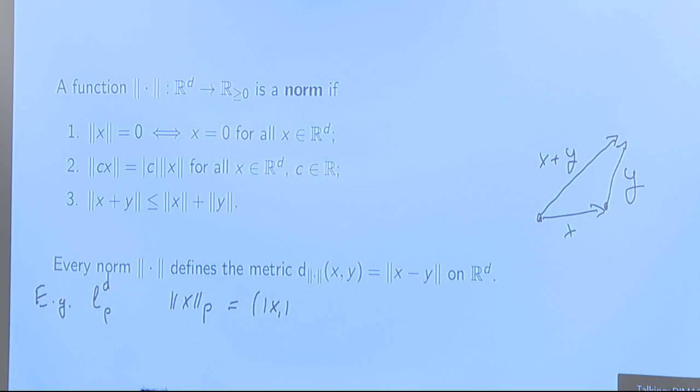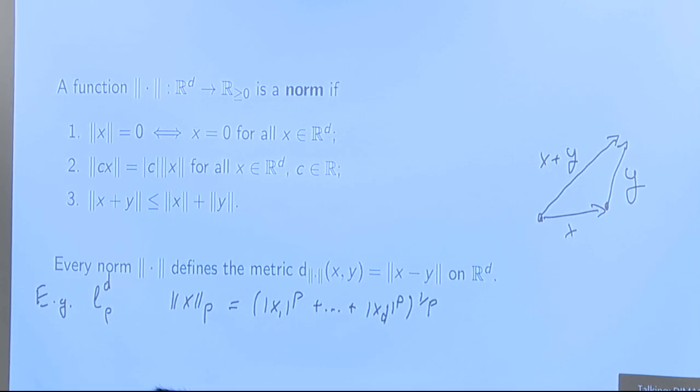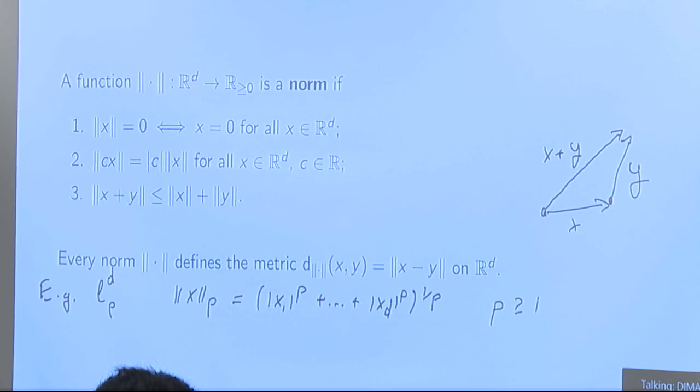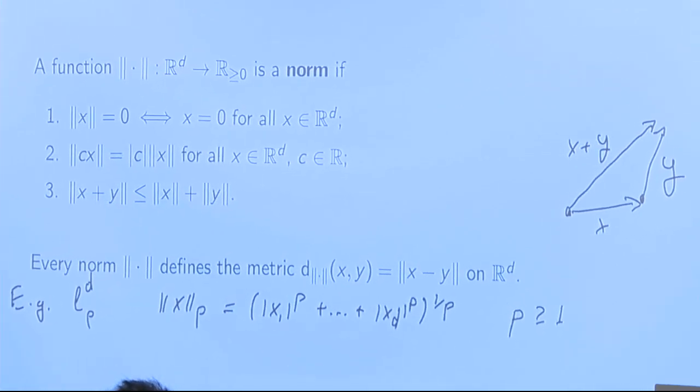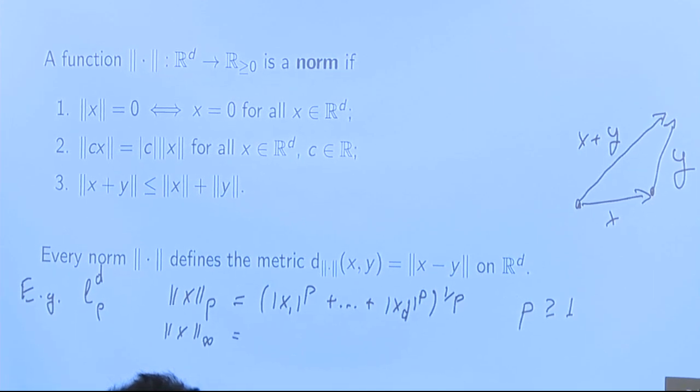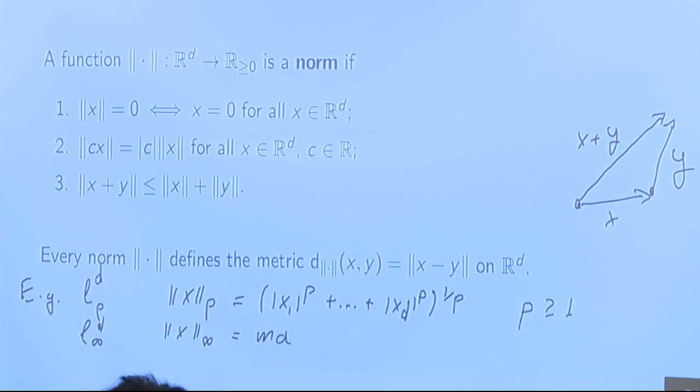Okay, so I take every coordinate, take its absolute value, I raise it to the power P, and I take the 1 over P power of this sum. This is a norm for P greater than or equal to 1. Maybe some special cases, L infinity, where I just take the maximum absolute value of any coordinate.